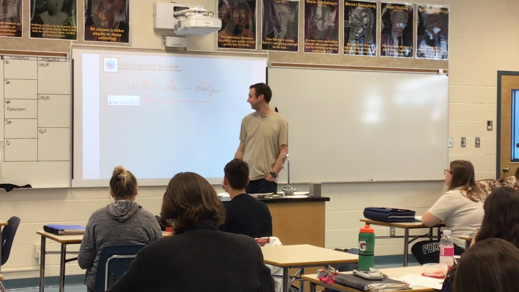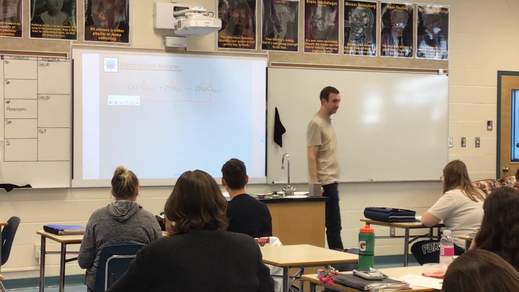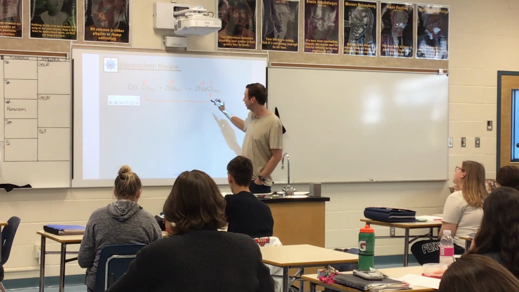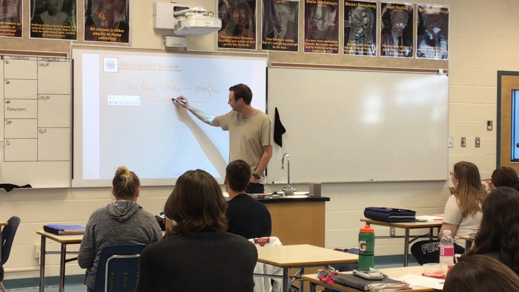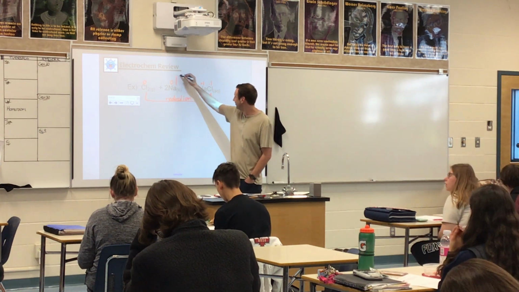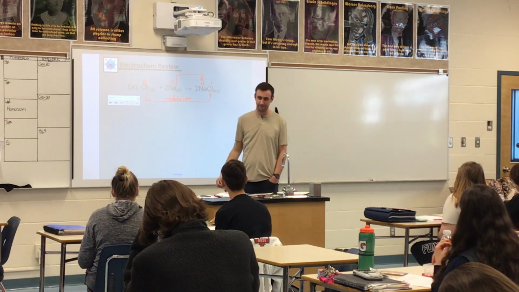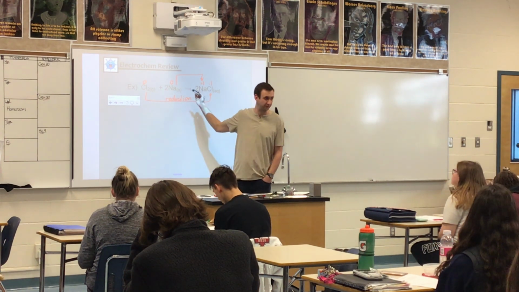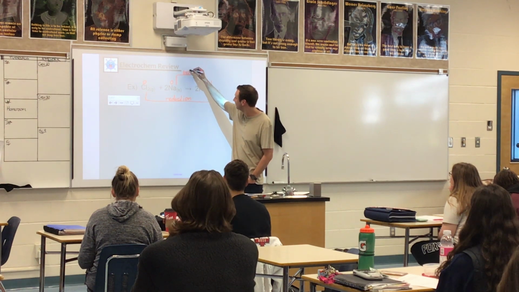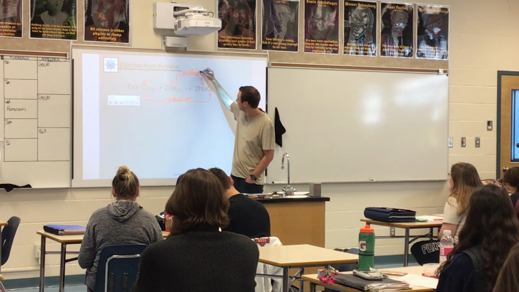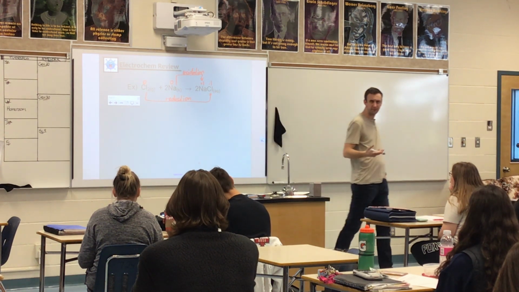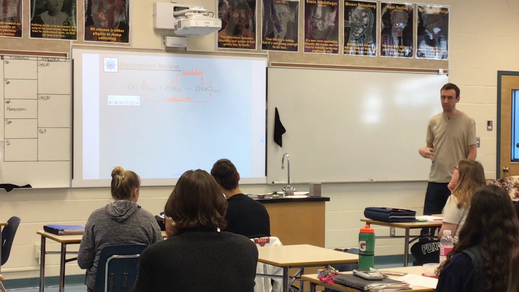What kind of process did it go through? Reduction, because it got more negative. What about sodium? Oxidation, got more positive, right? In my mind, that's easier to think about: is it becoming more negative or more positive?